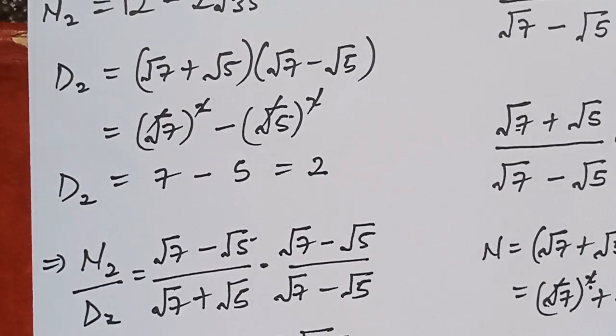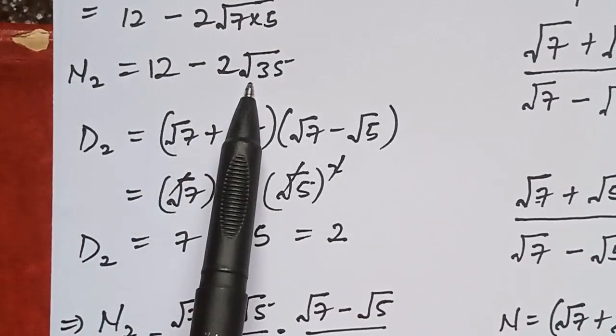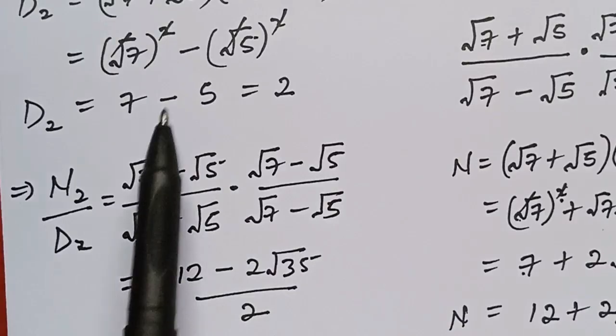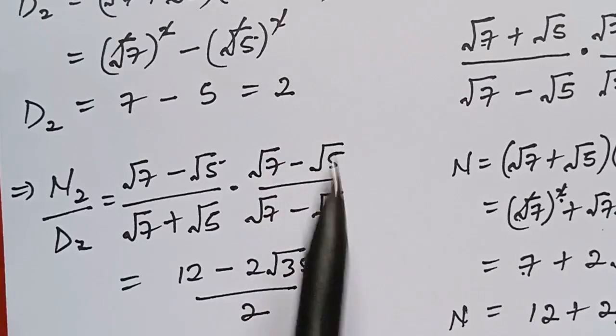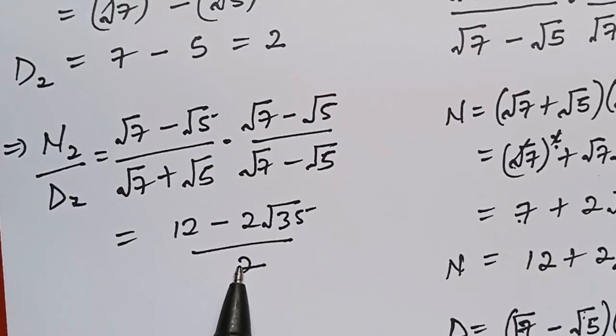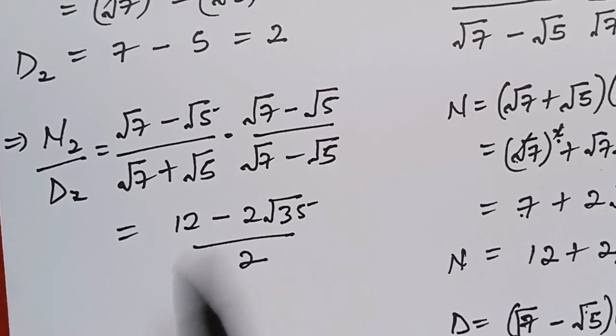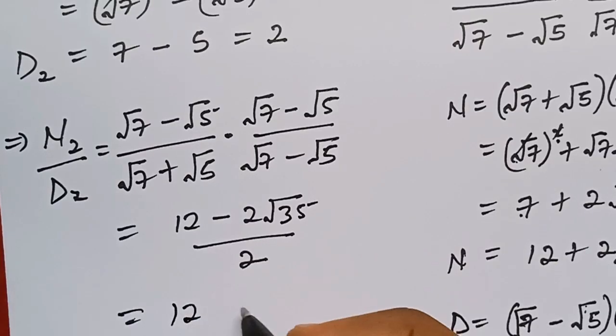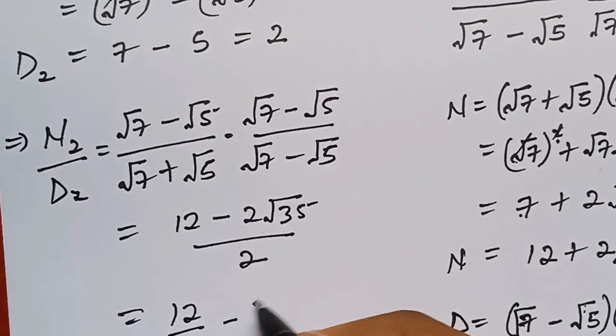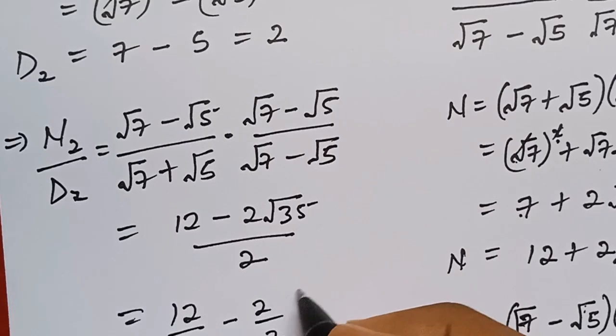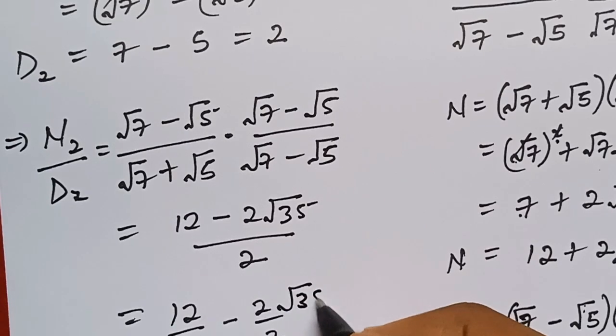Okay, the numerator 2 and the denominator 2 is what we arrive at. So this can further be expressed as 12 over 2 minus 2 over 2 square root of 35.